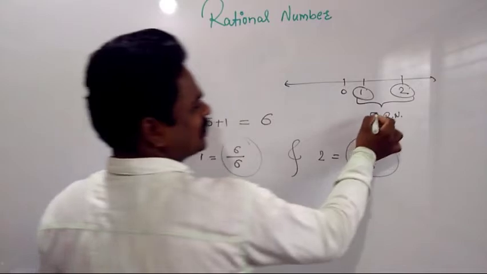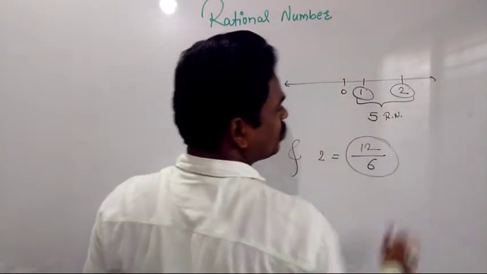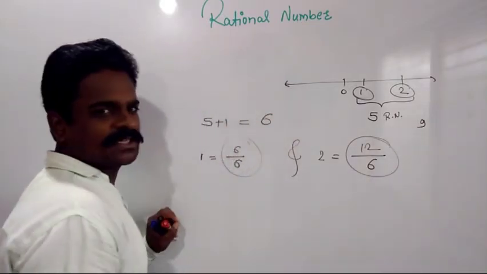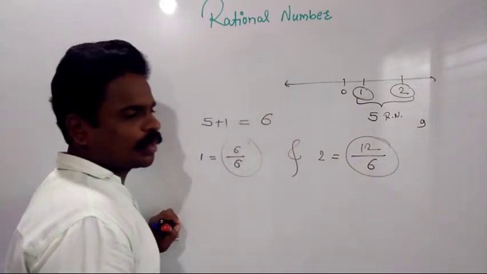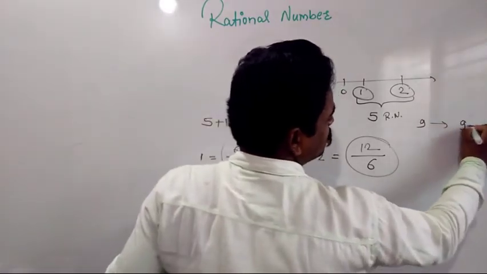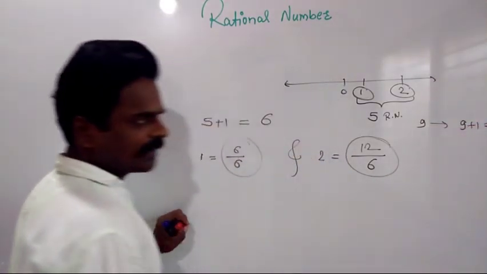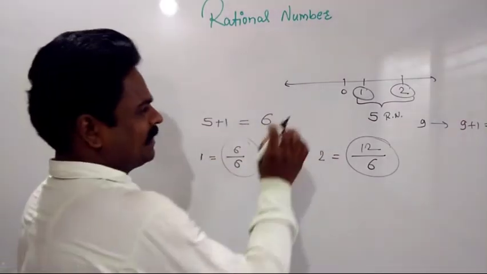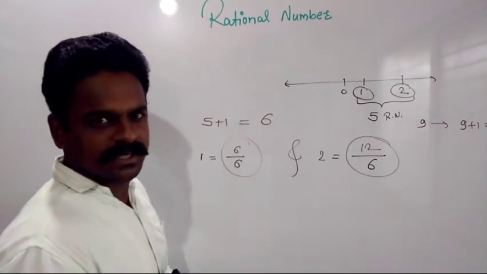Consider that instead of these 5 rational numbers, we need to find 9 rational numbers. So what we will do? We will do one thing. Just write 9 plus 1, which is equal to 10. No problem. So mention your 1 and 2 in the form of numbers whose denominator is 10.